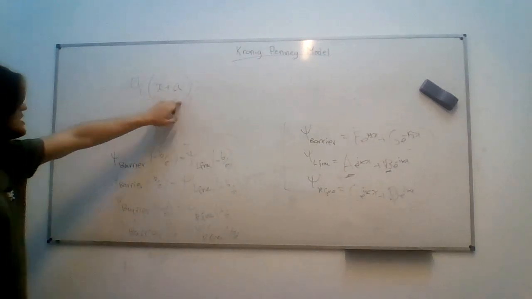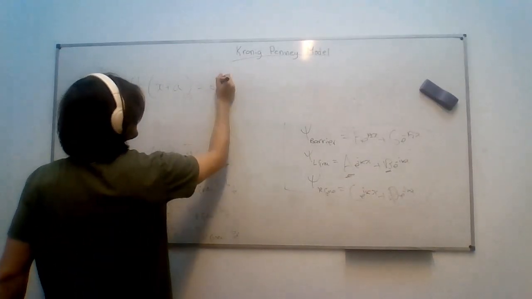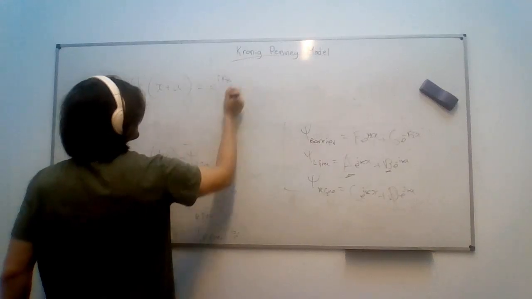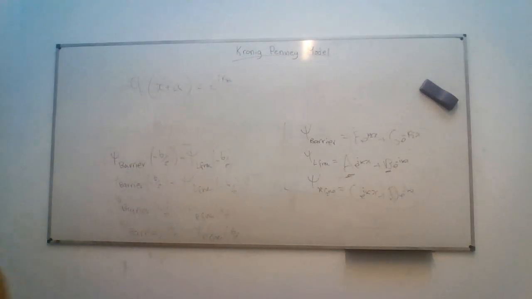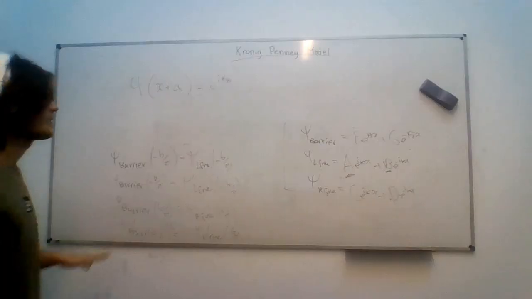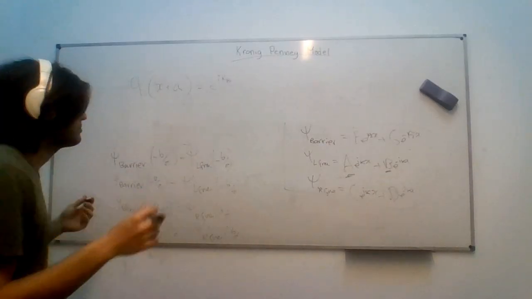So psi of x plus A is going to be equal to some phase factor with another k, k_B, which is the crystal wave vector. And for this purpose, its definition is not that important.